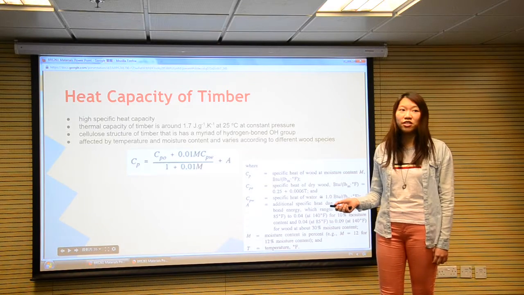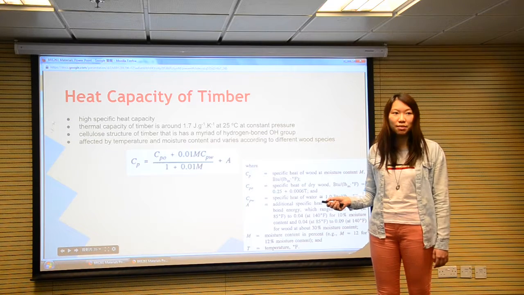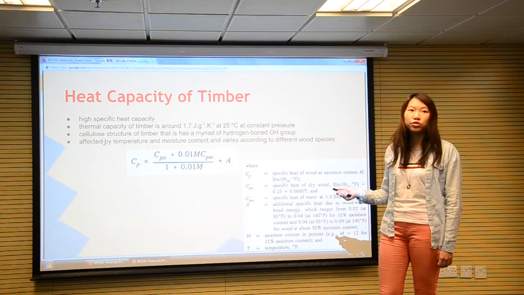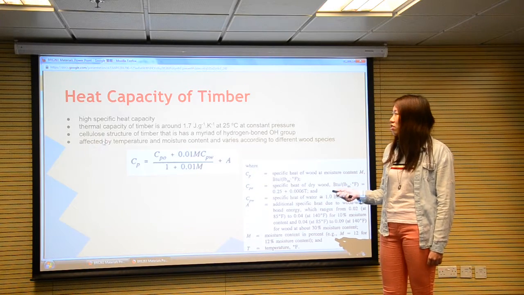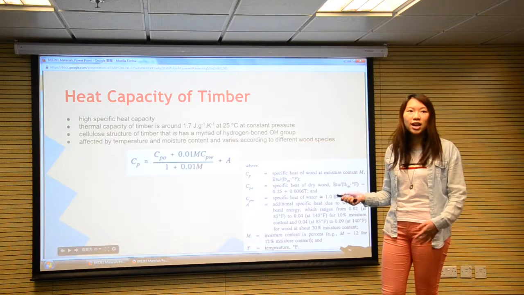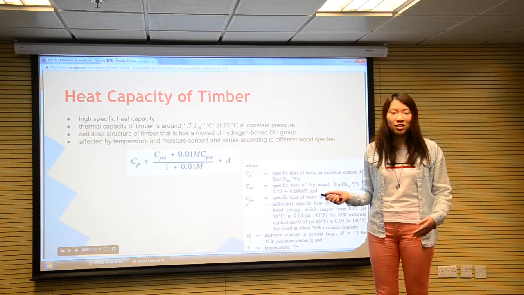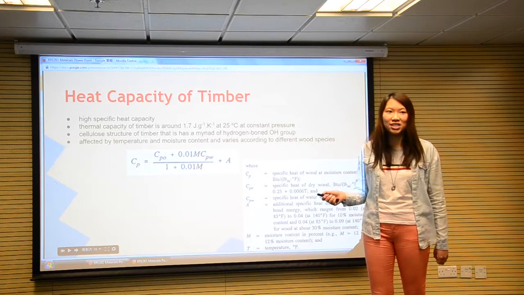For the heat capacity of timber, it has a high specific heat capacity, around 1.7 joule per gram K at 25 degrees Celsius. The cellular structure of timber, which has a myriad of hydrogen bond groups, leads to timber having a high specific heat capacity.